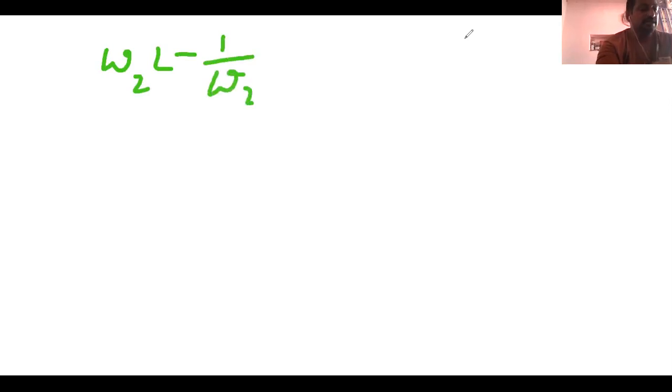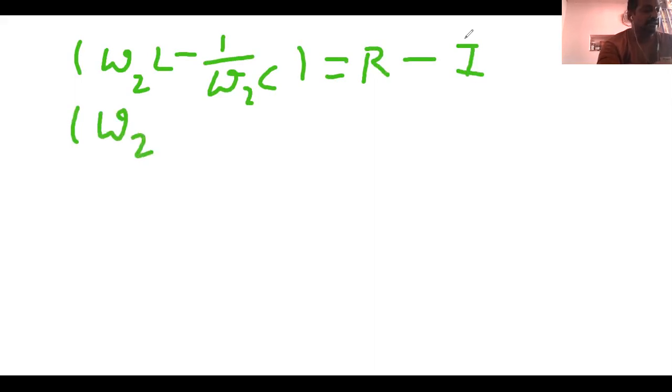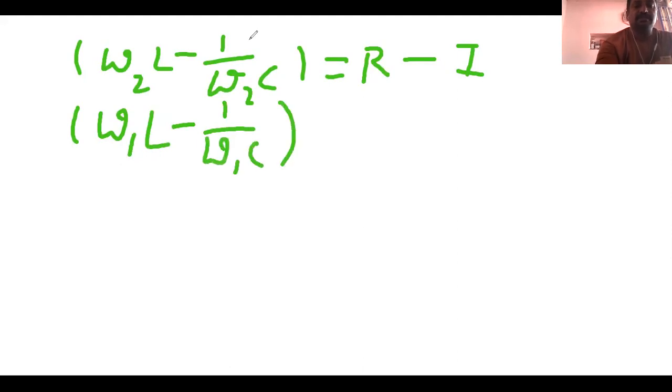Now we'll continue here. When we consider omega 2 L minus 1 by omega 2 C, it is equal to R, positive, equation 1. Then omega 1 L minus 1 by omega 1 C is equal to minus R, equation 2.